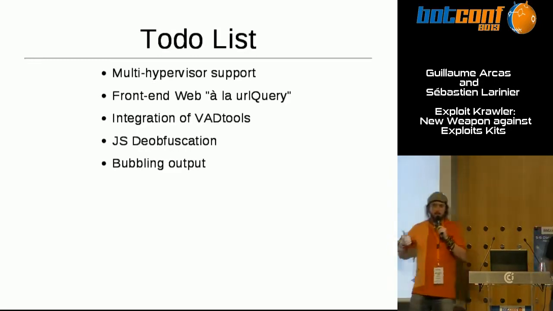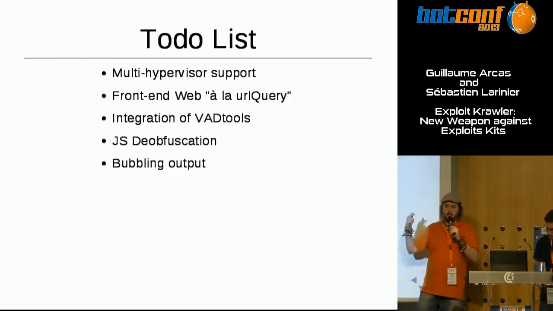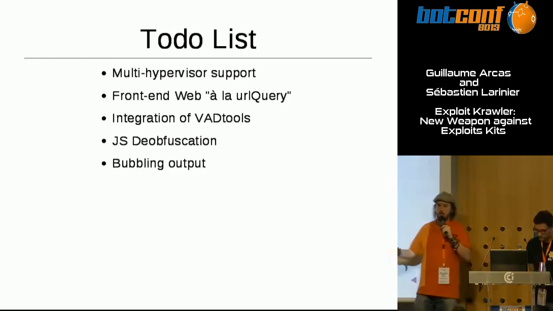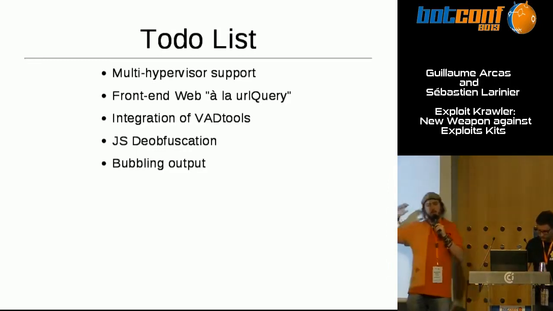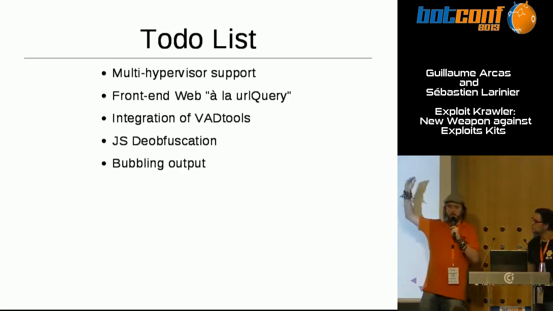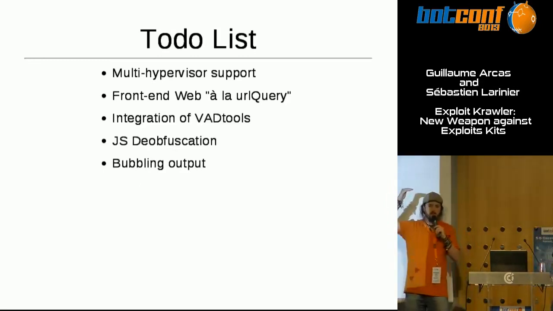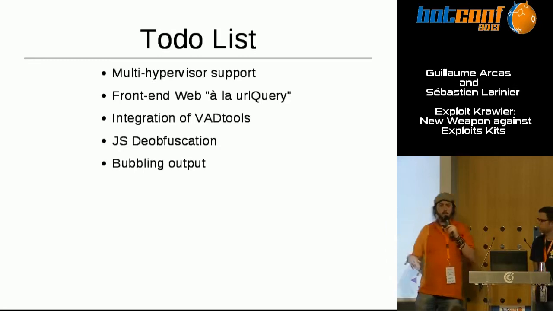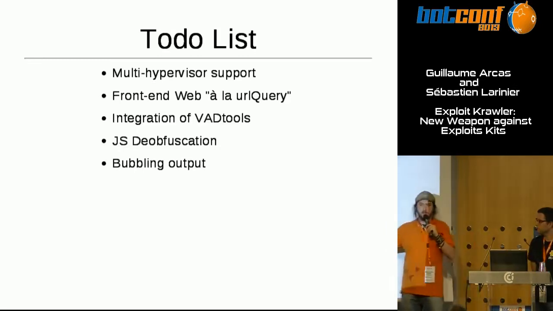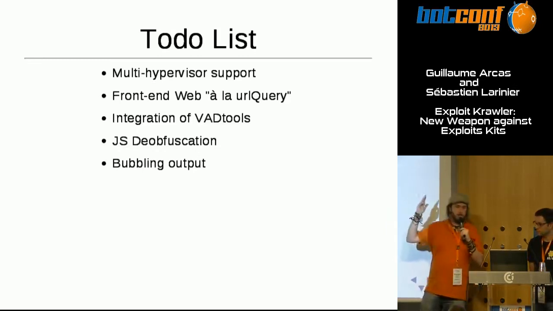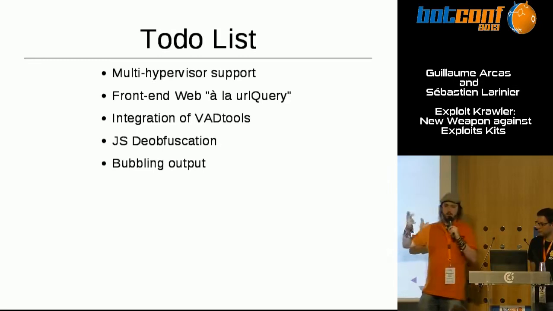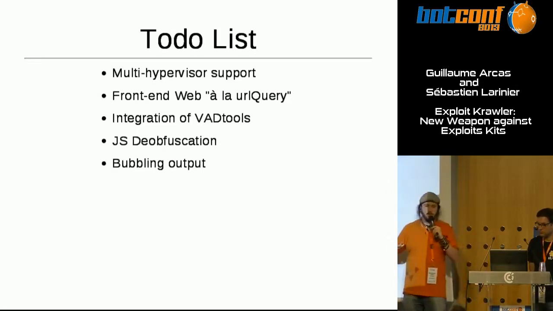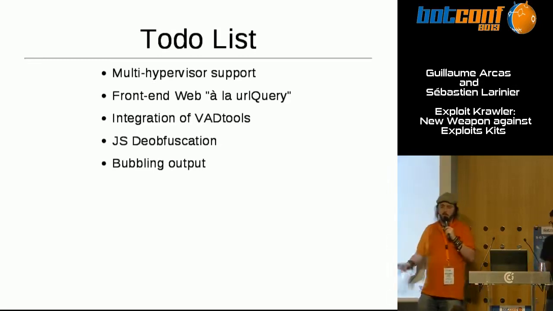You have one eval, so you can override this method with Selenium when you load the page, and you have all the payload deobfuscated, and you can parse it to automatically detect the JavaScript tests: version of Java, version of Adobe Reader, version of Flash Player or Shockwave. So in Blackhole V2 it's very, very simple.